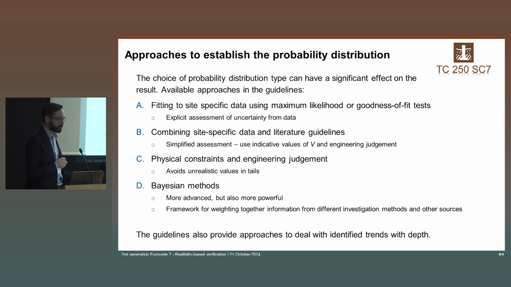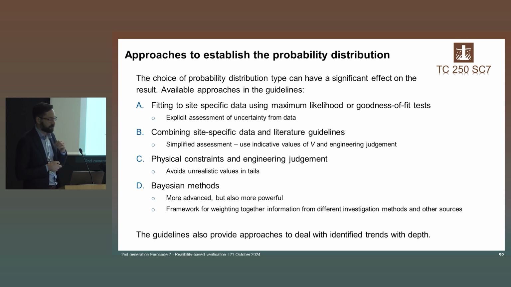This is the most explicit assessment of the uncertainty from your data. You can also combine your site-specific data with values from literature and guidelines. It's a little bit more simplified. You can use, for example, indicative values of the coefficient of variation, which are sometimes a little bit difficult to assess, especially when you have too little data to do good assessments of the coefficients of variation.